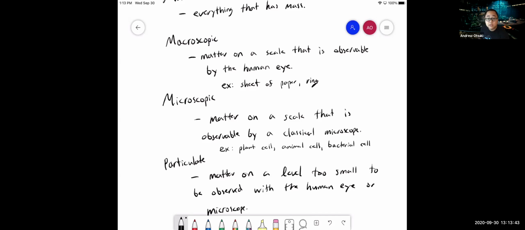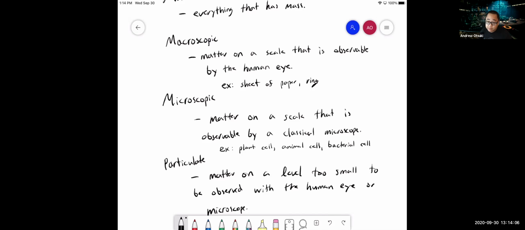And then it turns out a virus, sometimes they're so small they're hard to see. So let me backtrack on that. A virus is actually kind of on the boundary between microscopic and particulate.